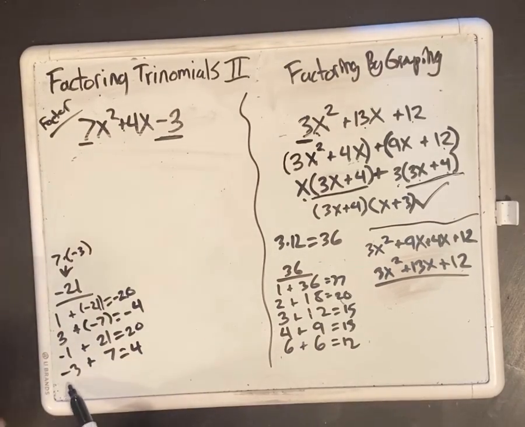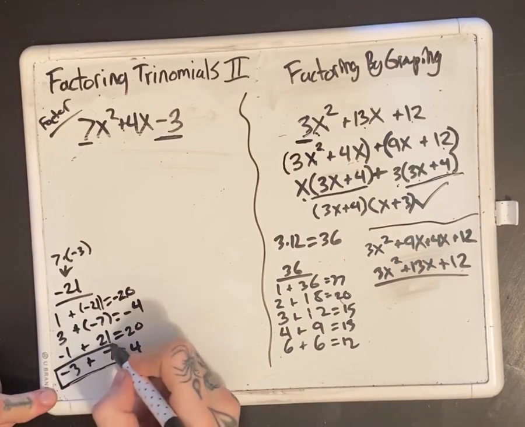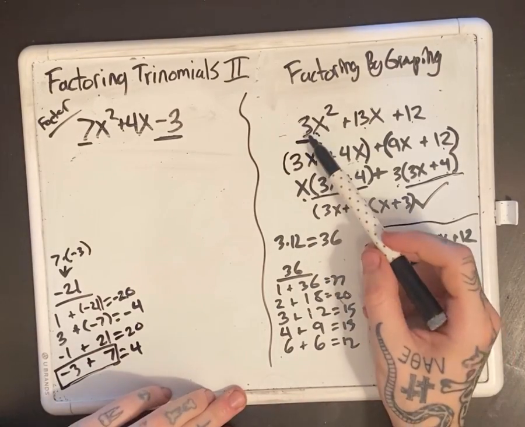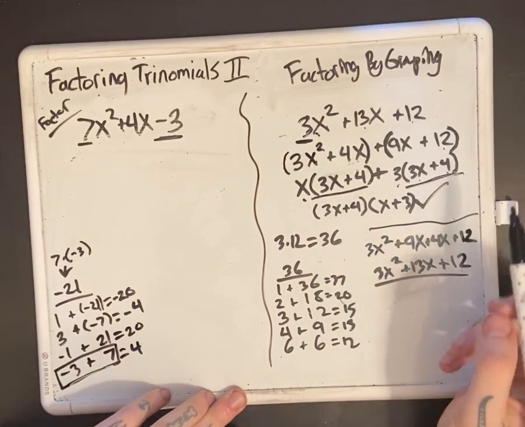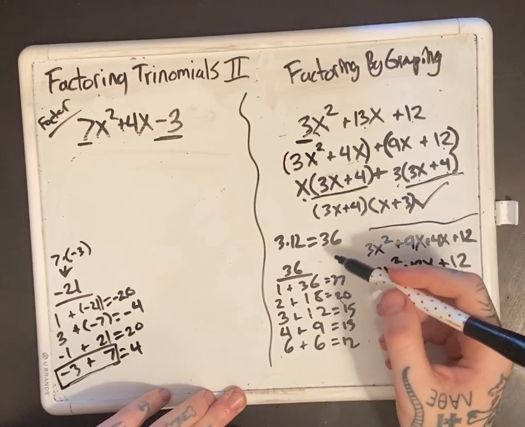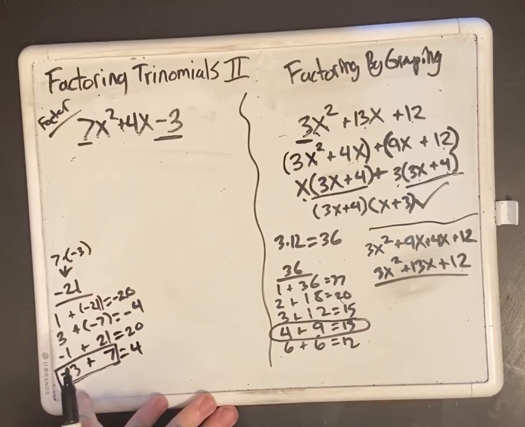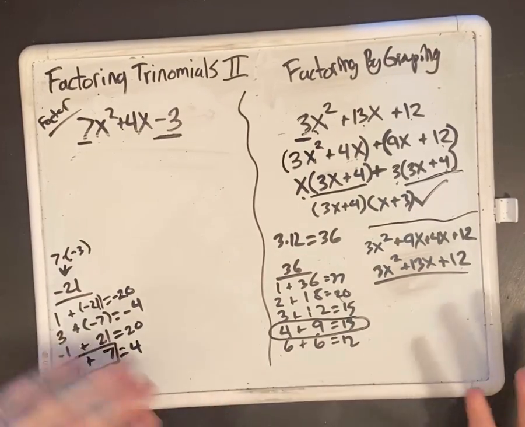So we want to use negative 3 and 7 here, which are the 2 numbers we had to begin with. But it's not necessarily those same numbers, because remember, here we multiplied 3 and 12, we got 36, but then the numbers we wanted to use were 4 and 9. So it's just a coincidence that it's the same numbers here. It's not always going to be those same numbers.